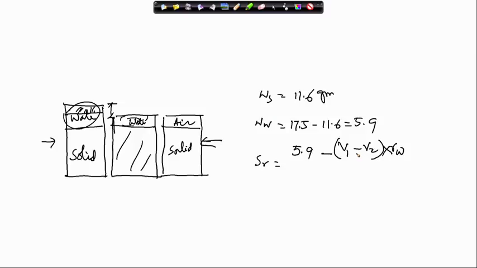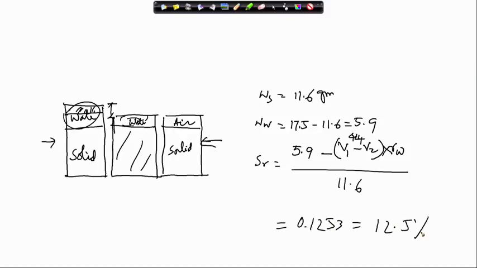So if I do all the calculation divided by 11.6, finally I get around 0.1253, that means 12.5%. So, the shrinkage limit of the soil is 12.5%.